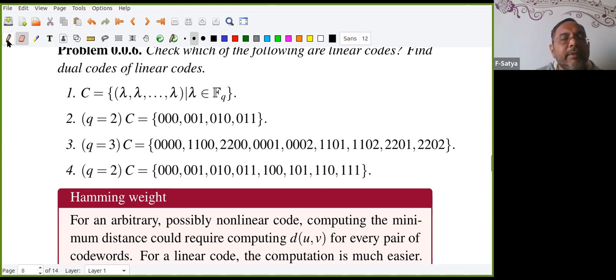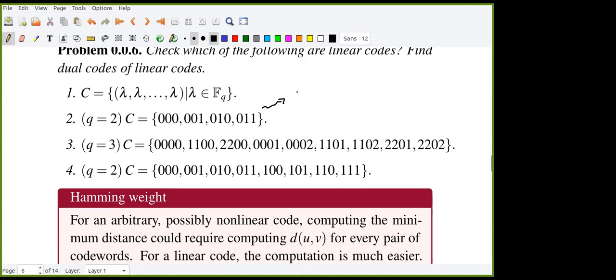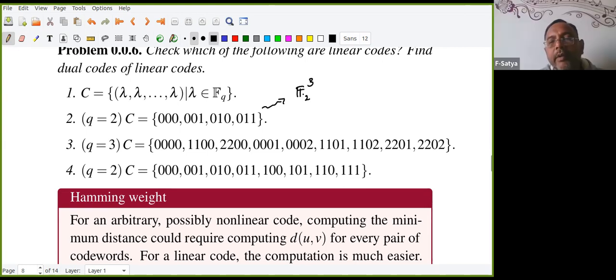It is a subspace of F_2^3. It is a vector space, and the base field is F_2. So this first value 3 here, that is the reason I asked. n is related to which space it is a subspace of, an n-dimensional subspace.